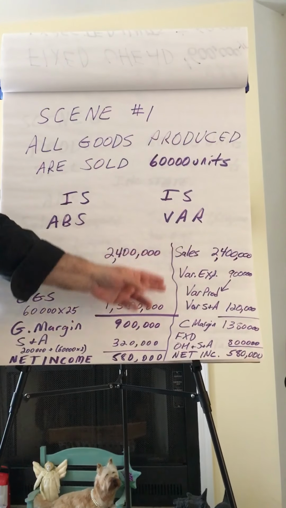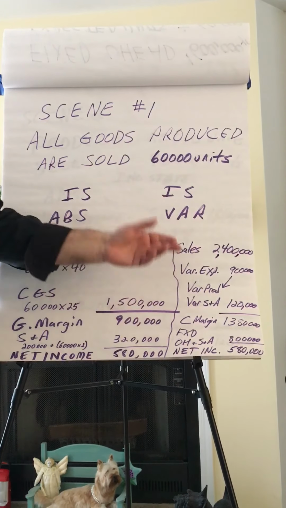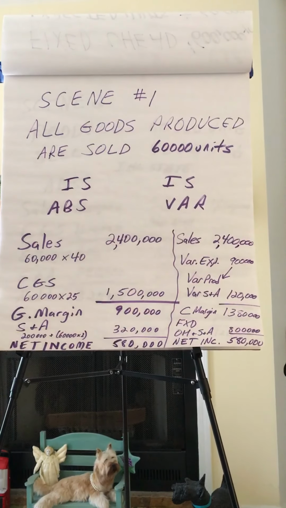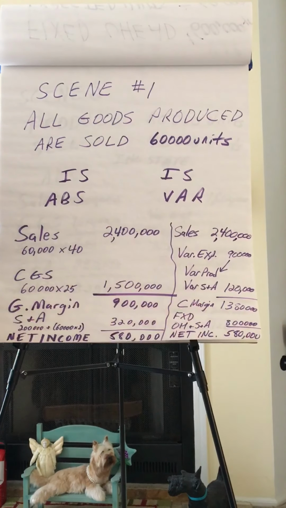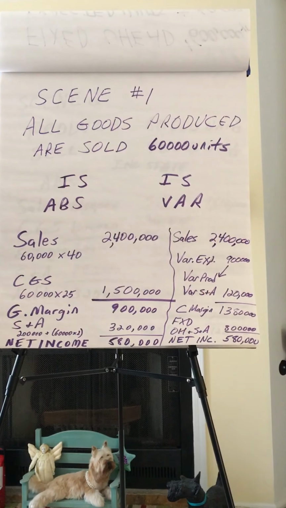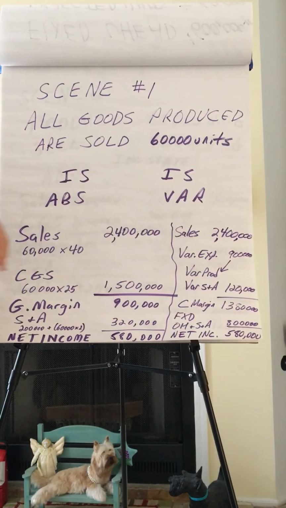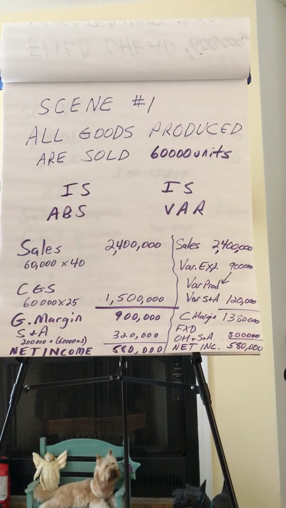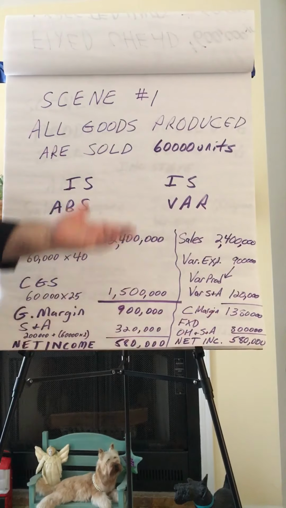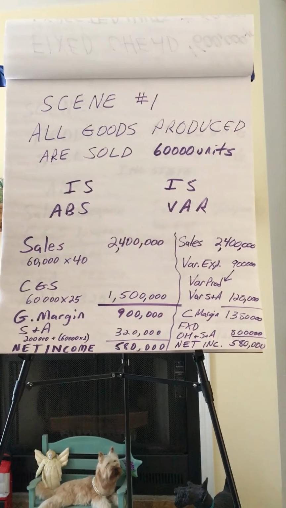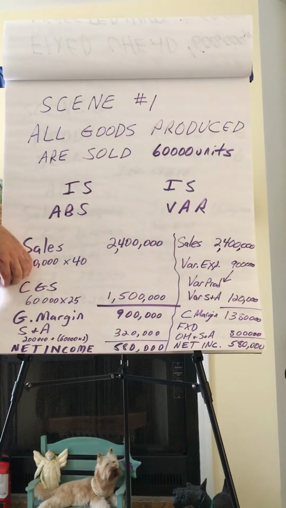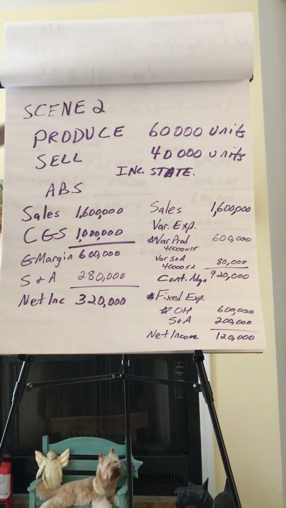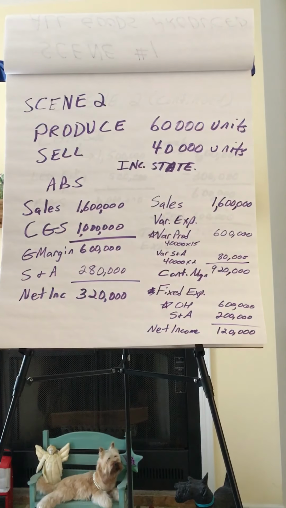When you subtract sales minus variable, just like in break even, you get contribution margin. Then 800,000 as mentioned before, 600,000 is overhead, 200,000 is the fixed selling and administrative expenses. Subtract those out. Bottom line, it's all the same. That's great. You make 60,000, you sell 60,000. Perfect. You don't have to store any inventory.